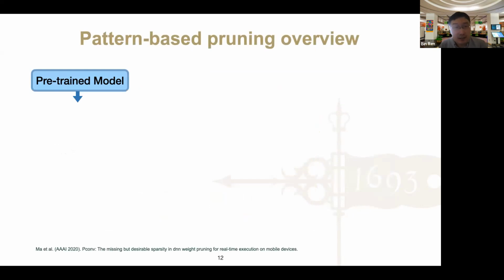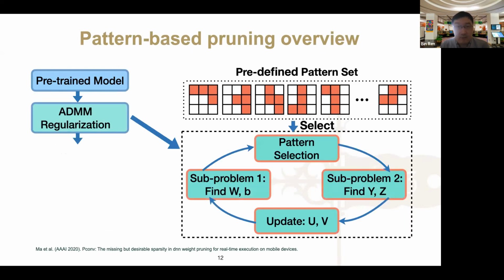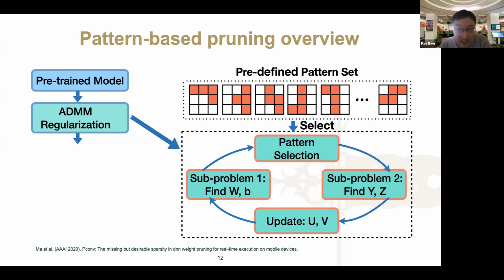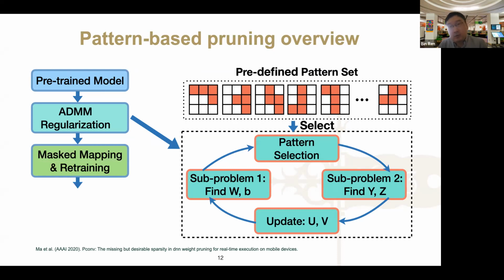This figure summarizes this pattern-based pruning approach. First, we have the pre-trained model and also a set of predefined patterns. Then we are going to use the ADMM approach, actually an enhanced ADMM approach, together with this predefined pattern set to select the patterns for each kernel. After that, we are going to retrain and fine-tune this model.